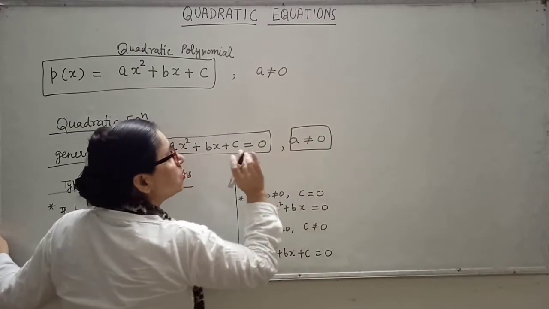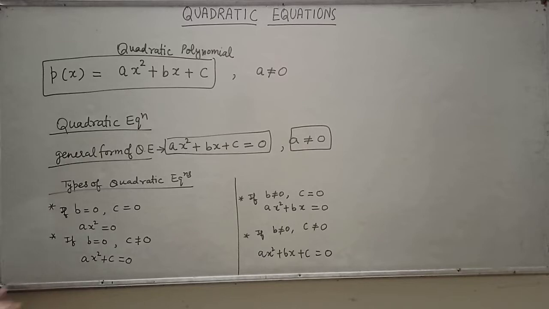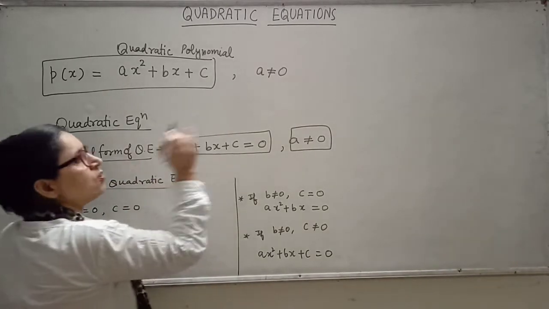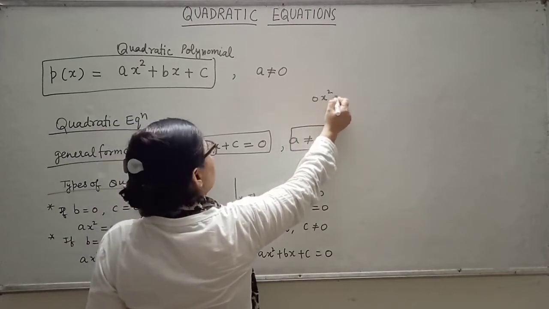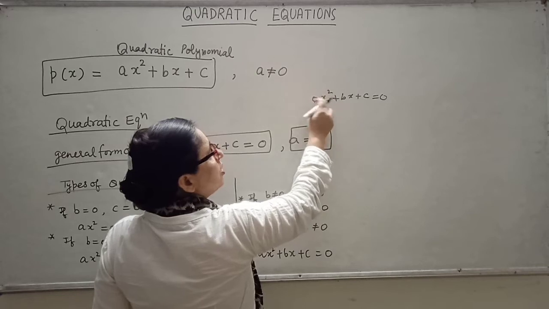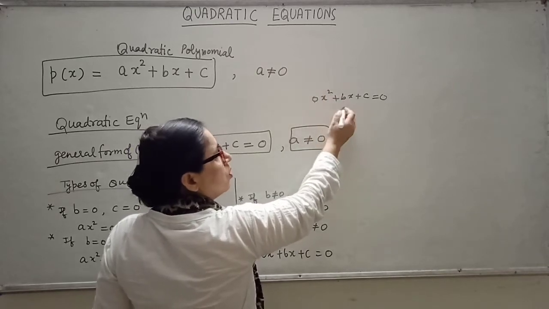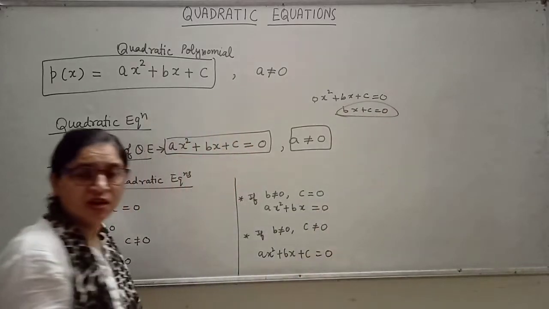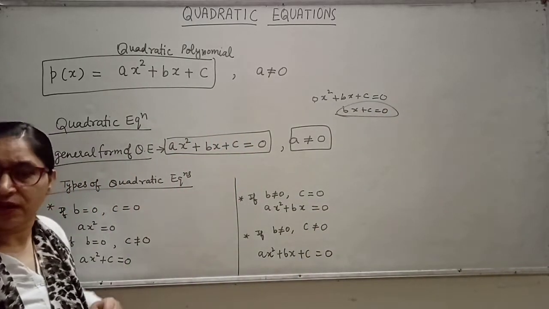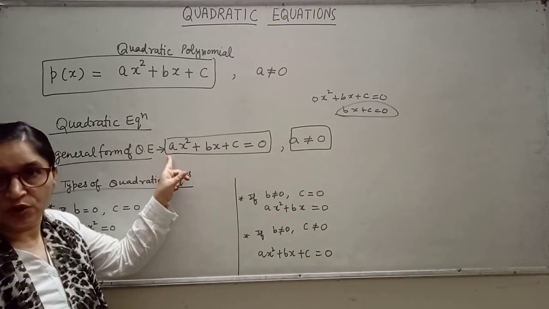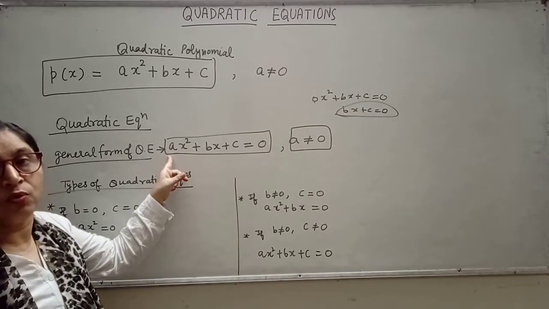Why can it not be 0? If a itself becomes 0, then 0 into x square plus bx plus c equal to 0. 0 into any number becomes 0, so what will be left? bx plus c is equal to 0. Then it is no longer quadratic, it will be linear. That's why a can never be equal to 0 if we want it to remain quadratic.